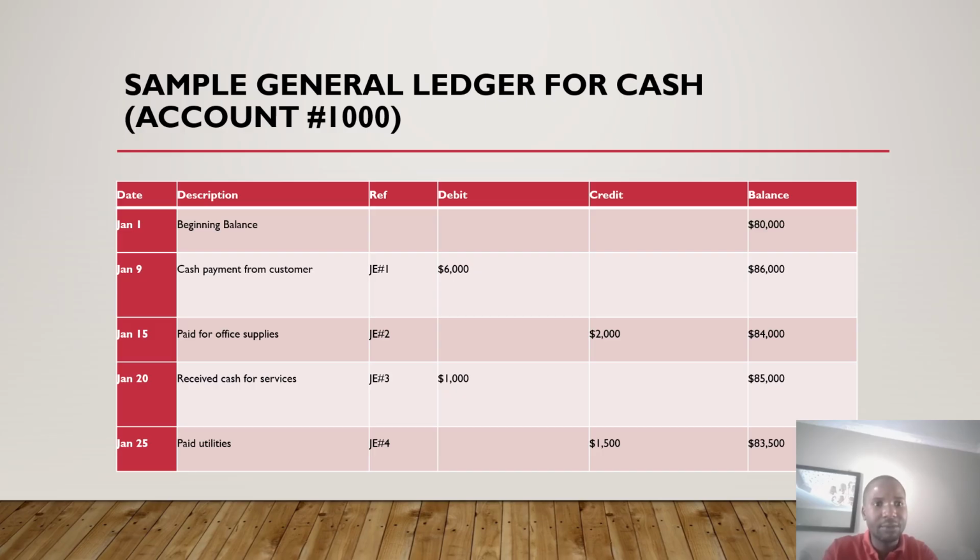So supposing at the beginning we had an opening balance of cash of 80,000. Then we have on 9th January a cash payment from a customer of 6,000. You will see that that cash payment is a debit entry and it is increasing the running balance. And then on 15th January we paid for office supplies, so a debit will go to the expense account.